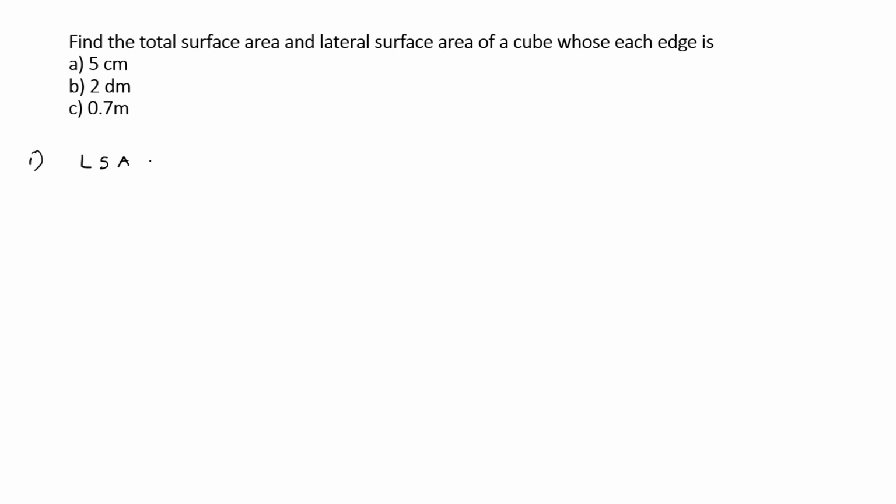lateral surface area of cube is given by 4a square. As I mentioned, lateral means without top and bottom. A cube will have total 6 faces. If you want to draw the diagram, I'll draw the diagram.